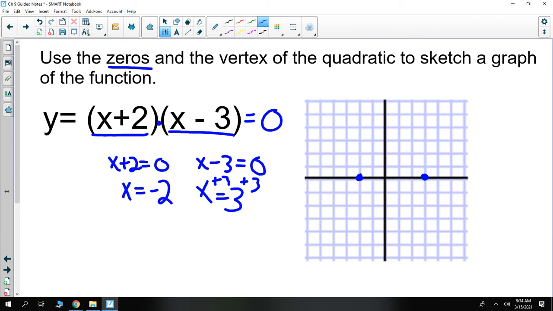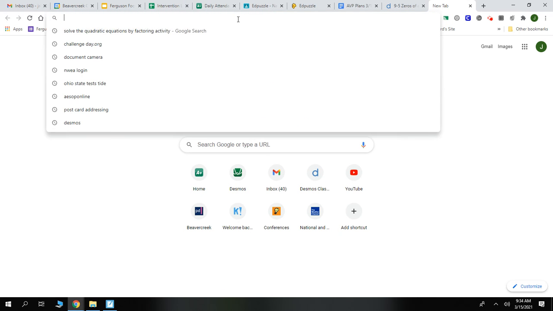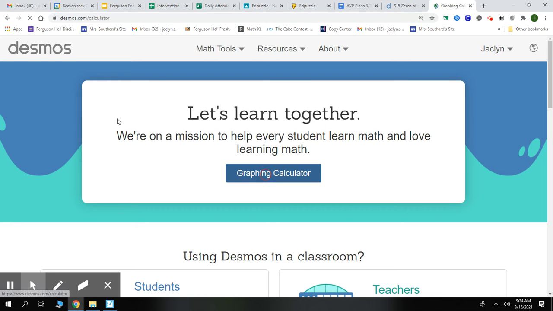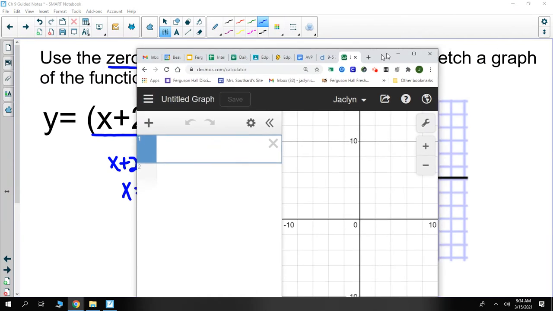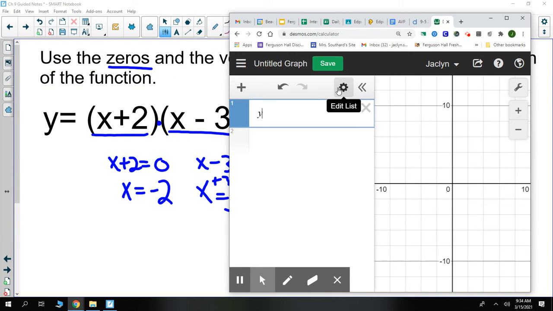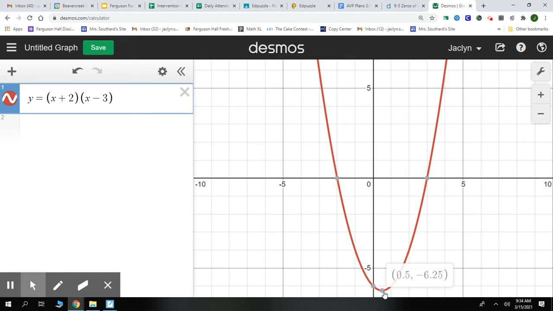Those are the zeros. Now, it also wants you to know the vertex. So probably the easiest way for us to find the vertex, if you remember, is to type this into a Desmos screen to see where the vertex would be. So I'm going to type in the function that it asked for, which is y equals (x plus 2)(x minus 3). All right. So where is that vertex?